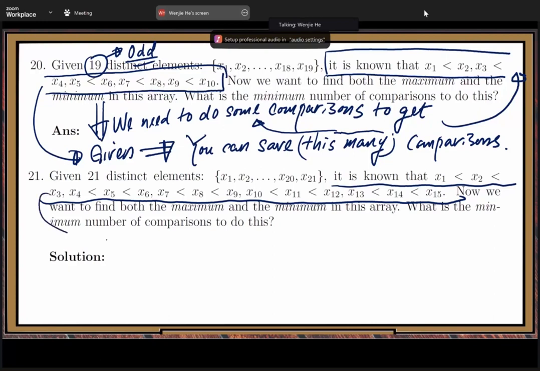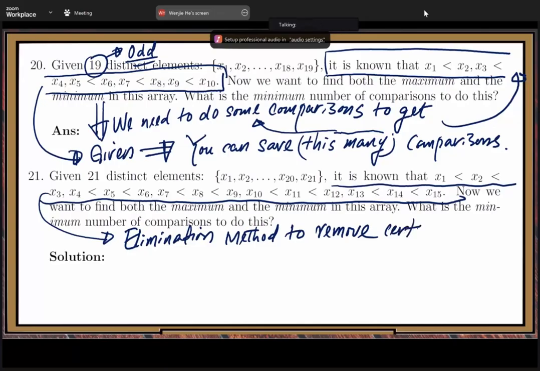So here, in this condition, if you compare it with question number 20, you need the elimination method to remove a certain number of elements from the consideration.